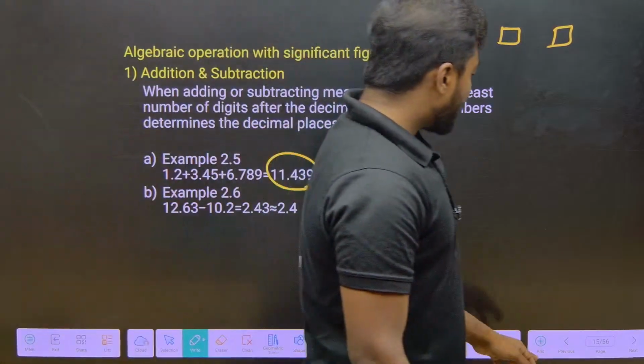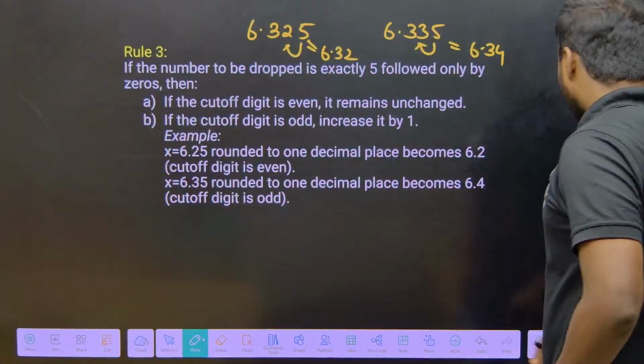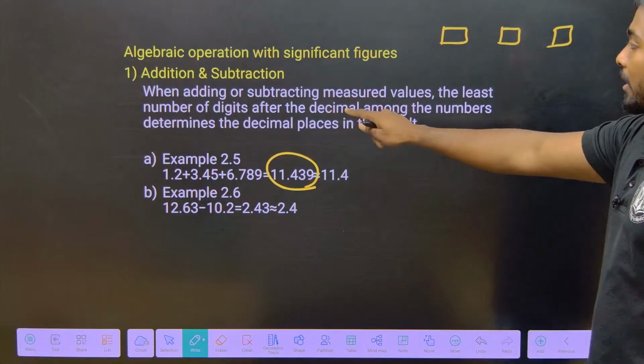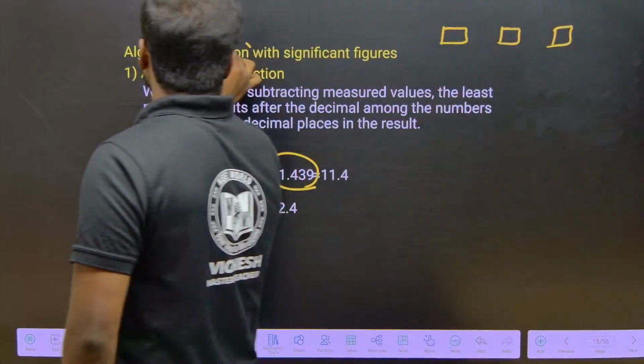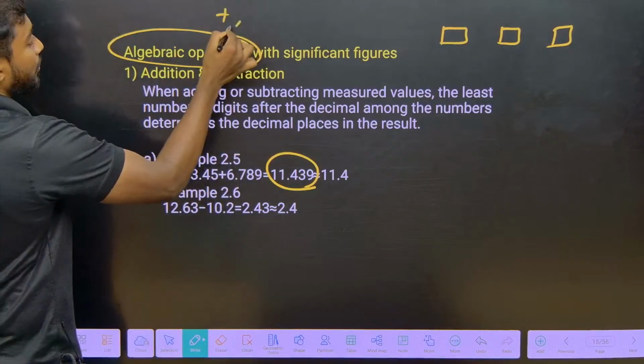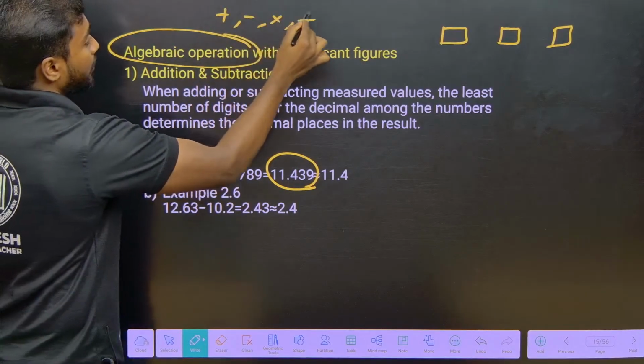Keep in mind, algebraic operations mean addition, subtraction, multiplication, division.